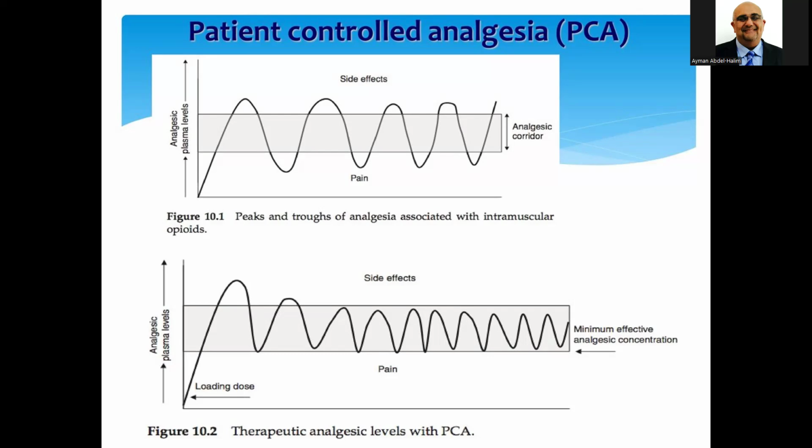All right, with the PCA, the peaks and troughs are staying within the therapeutic or the analgesic corridor here. So it would definitely give you better analgesia versus the PRN approach with IM, for example.